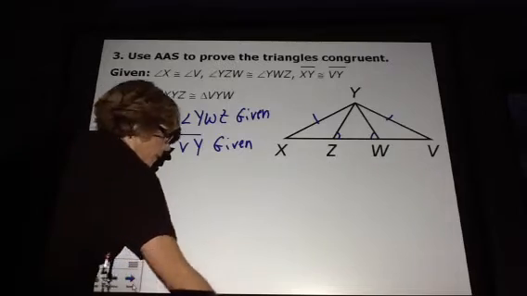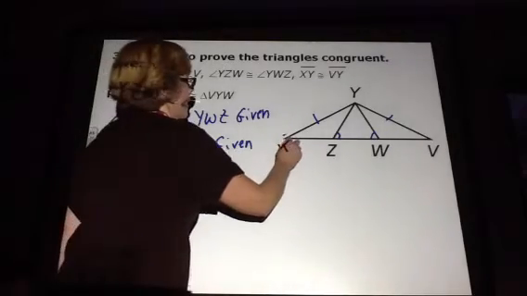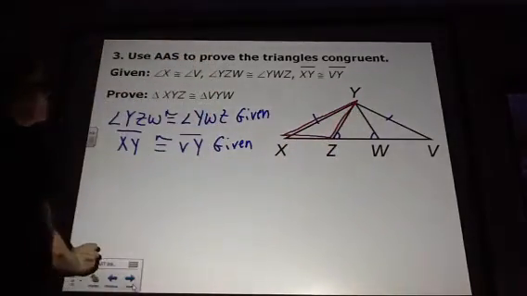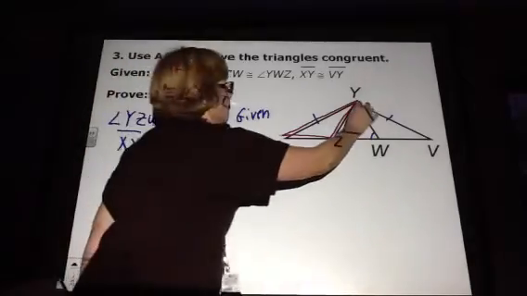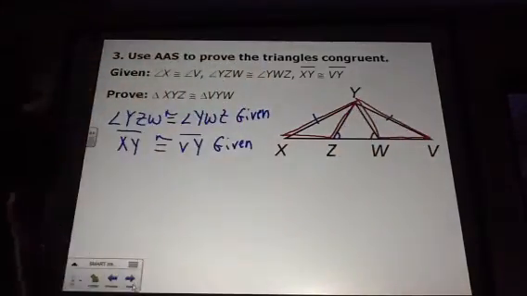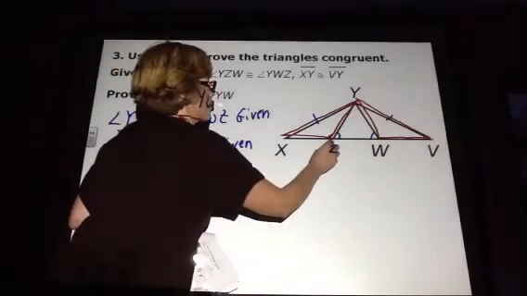Okay. Let's see, what are we trying to prove here? We're trying to prove triangle XYZ, this triangle, congruent to triangle VYW, this triangle. Okay, so we've got one segment so far that's congruent. So let's look at these angles right here.